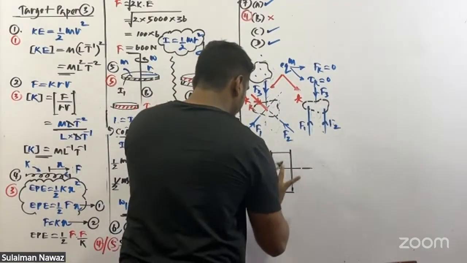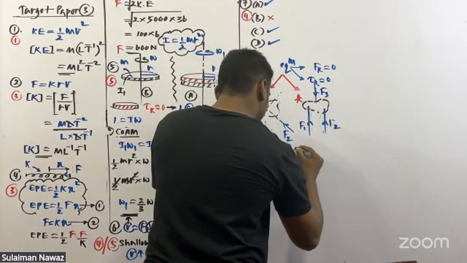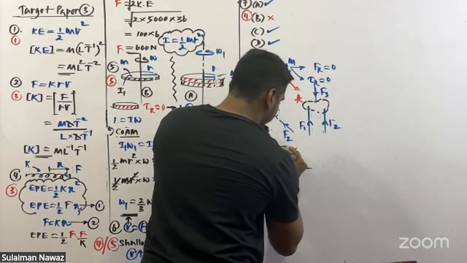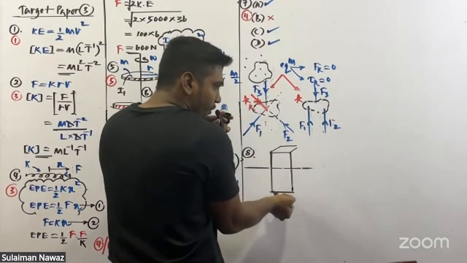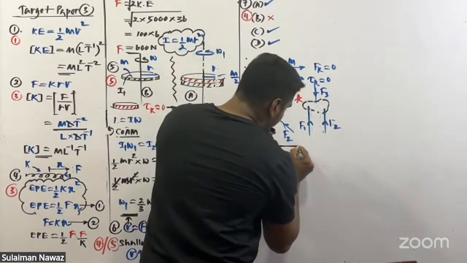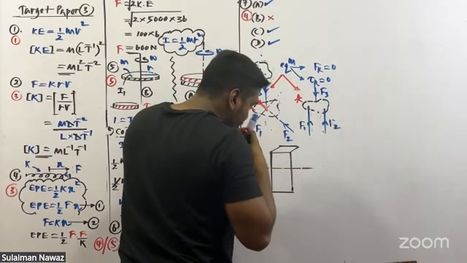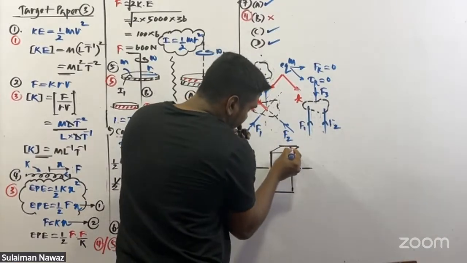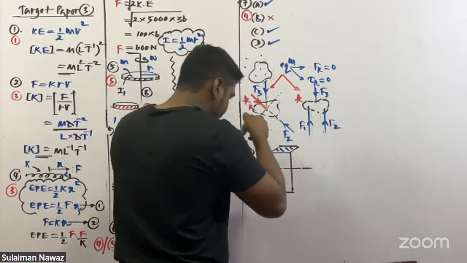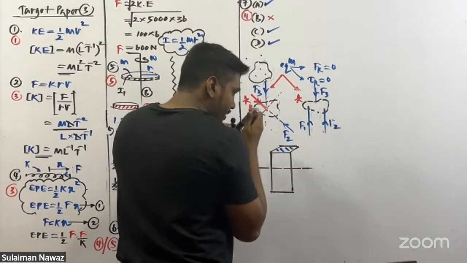You can take the cross-sectional area of this ice cube as capital A. I'm not drawing a 3D diagram, I hope you understand. For your understanding, I mark the cross-sectional area of the ice cube.